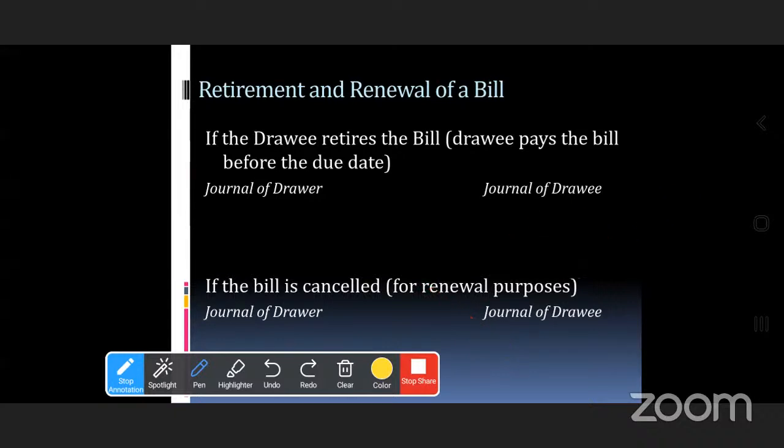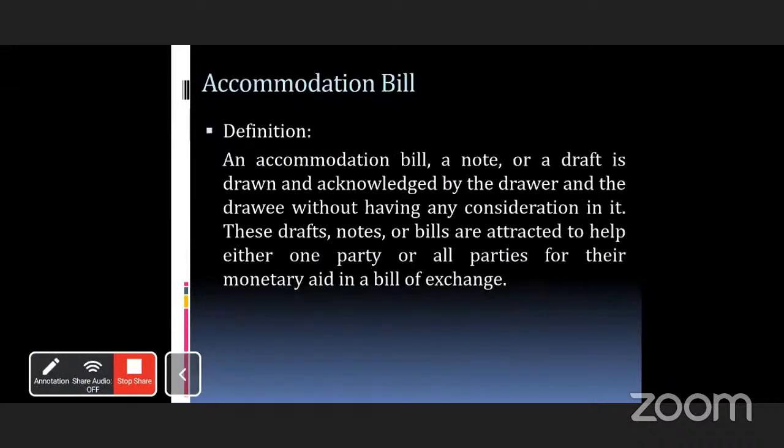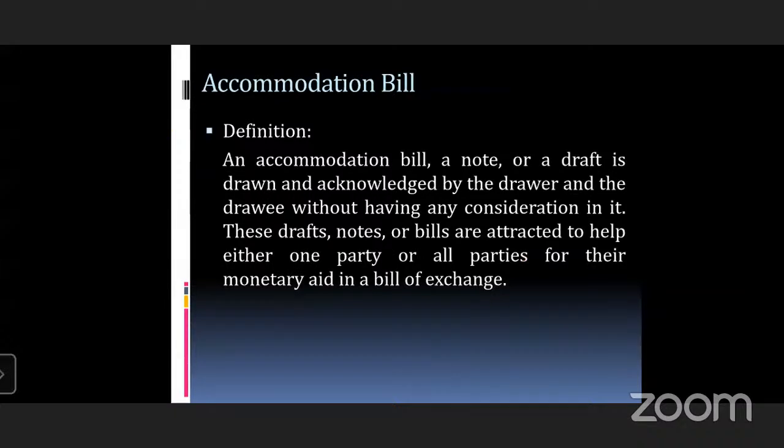Now let us see the accommodation bill. So coming to the accommodation bill, an accommodation bill is a note or a draft.